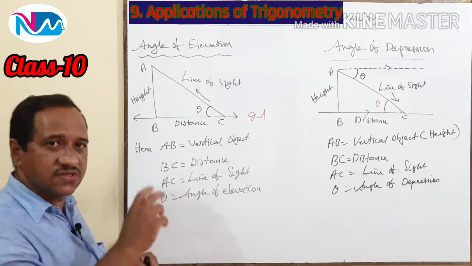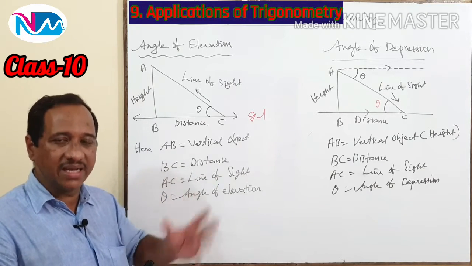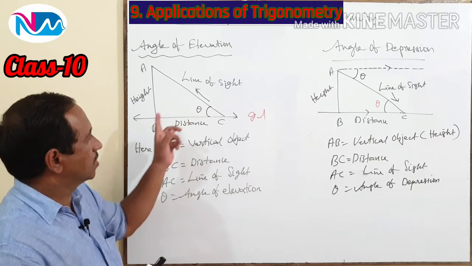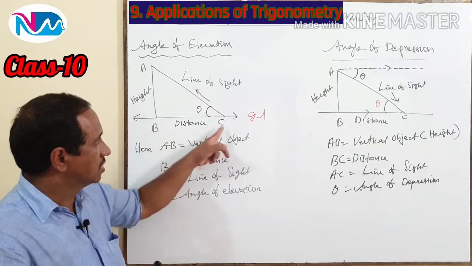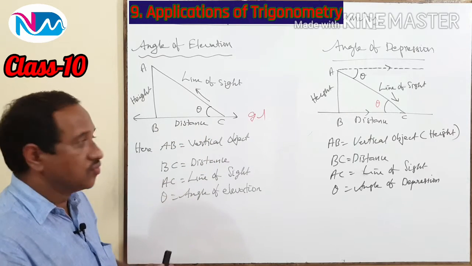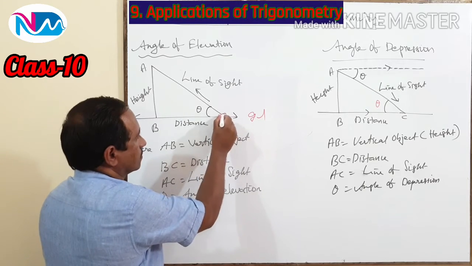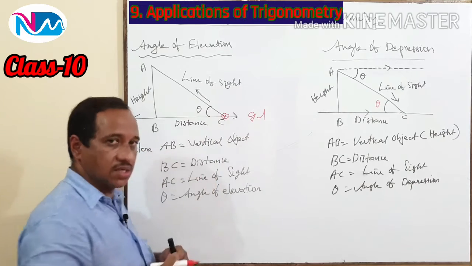Here, AB is some vertical object such as tower, pole, building, etc. And BC is the distance from the foot of the tower, we have a point C which is marked in the ground level itself.